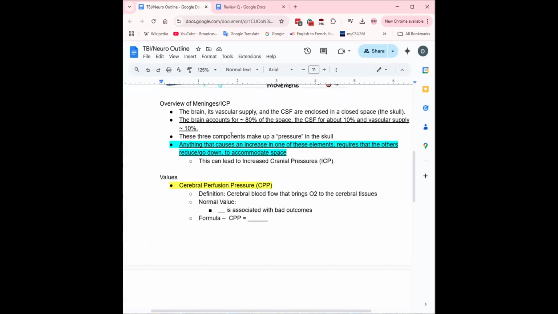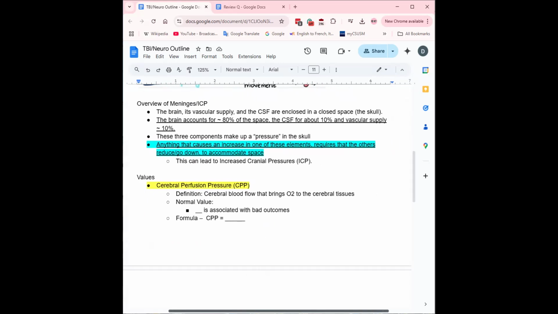I kind of wrote down the overview of the meninges and the ICP. So probably the main thing to really focus on is that in there you have the blood supply, you have cerebrospinal fluid, and all of those together make up the intracranial pressure.